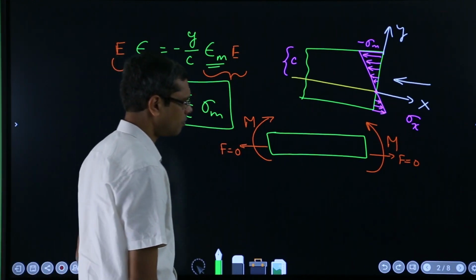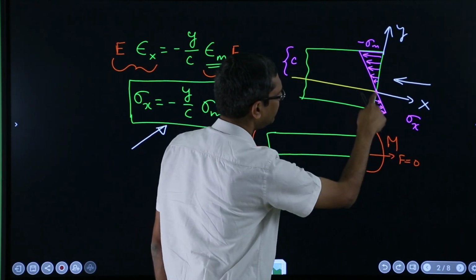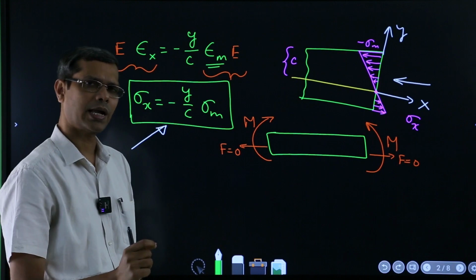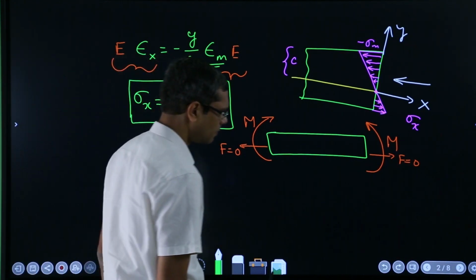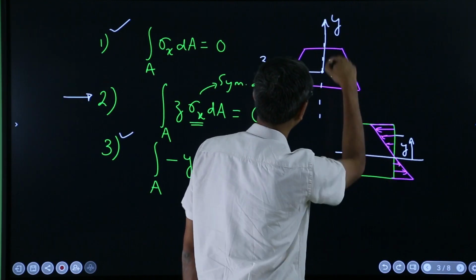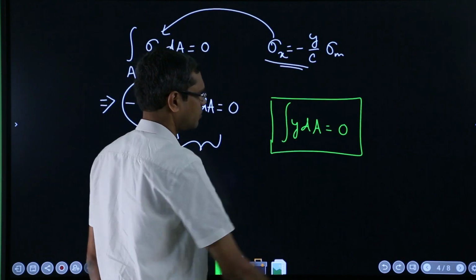We didn't know where it is, but then we had defined our origin of the coordinate system at that location, wherever it was. And then with respect to that origin of the coordinate system, we are getting this information.